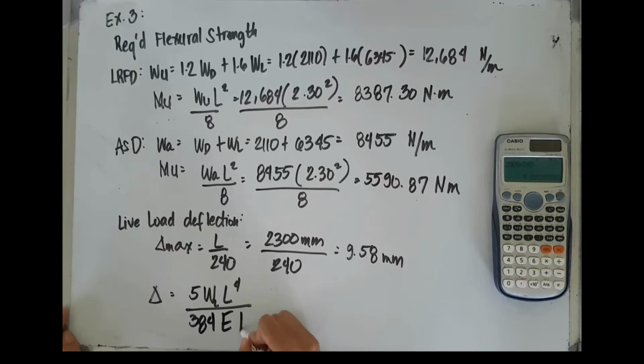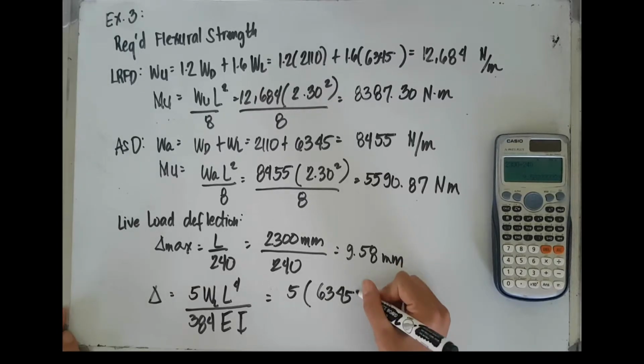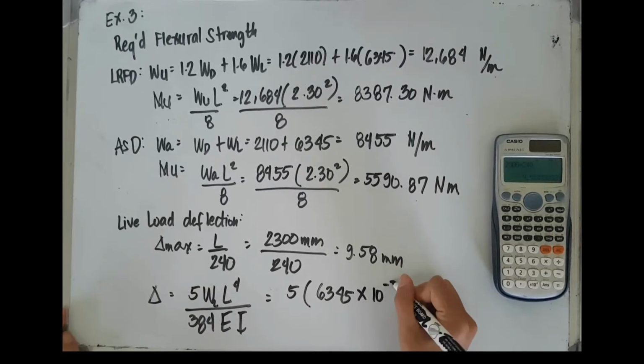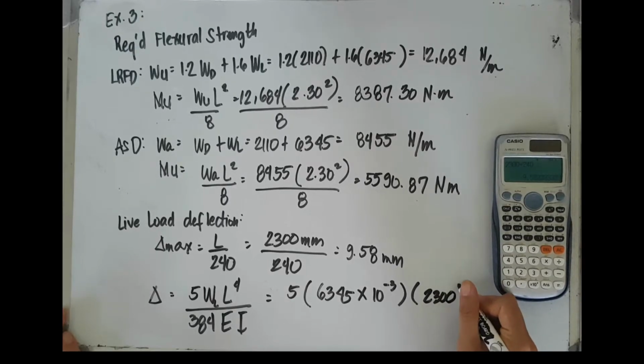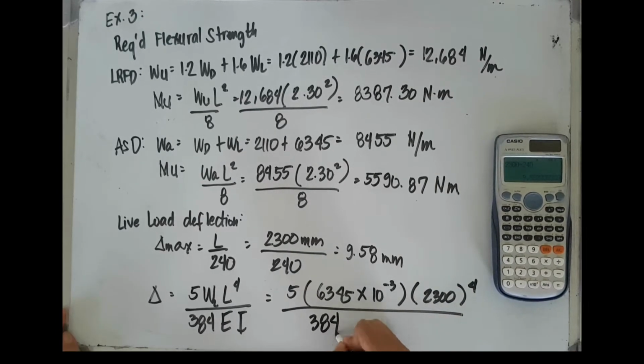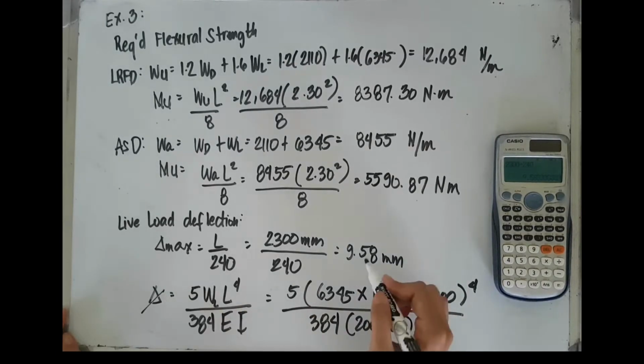we'll just substitute the value of the maximum deflection in this formula. This formula for the maximum deflection is only applicable for uniformly distributed load. So we have the length of 2,300 millimeters. I have converted all of the values into Newton and millimeter, and substitute the deflection of 9.58 millimeters.